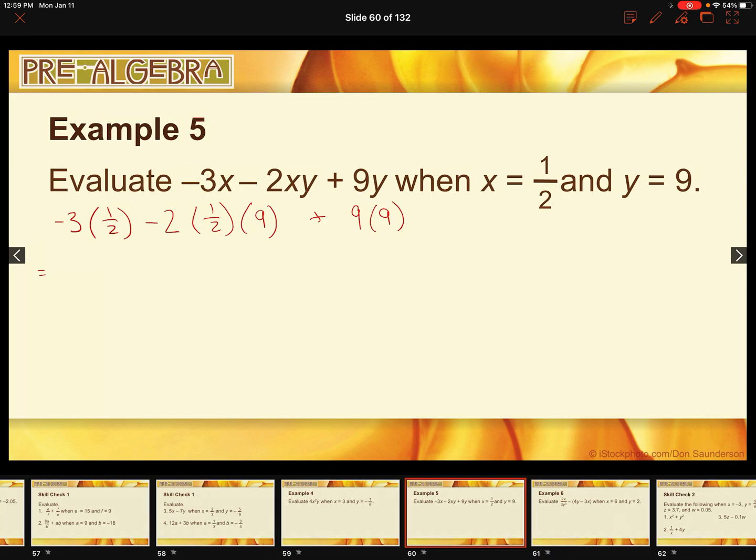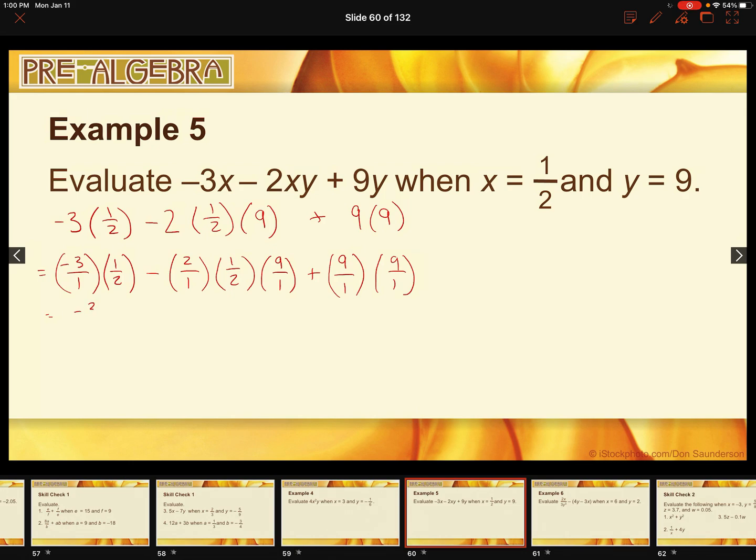So I'm going to rewrite this so that everything is in fraction form. Negative 3 over 1 times 1/2 minus 2 over 1 times a half times 9 over 1 plus 9 over 1 times 9 over 1.